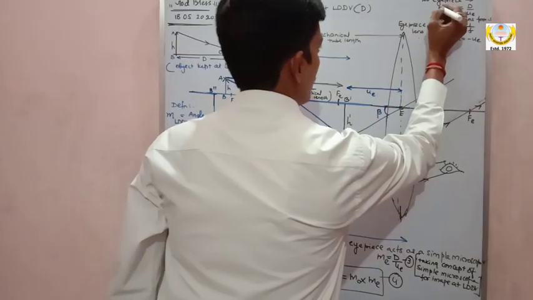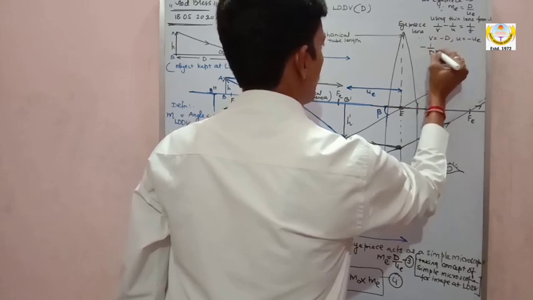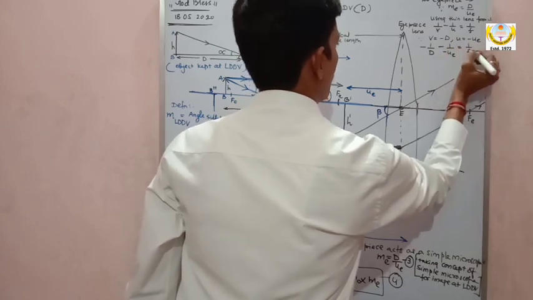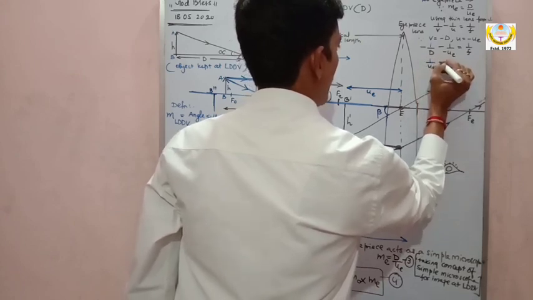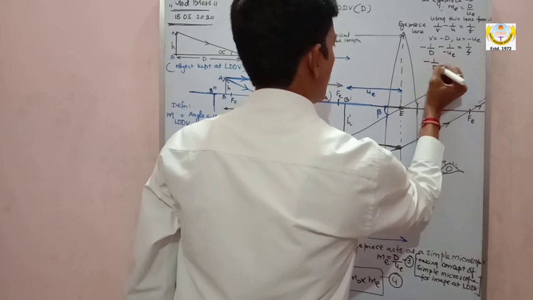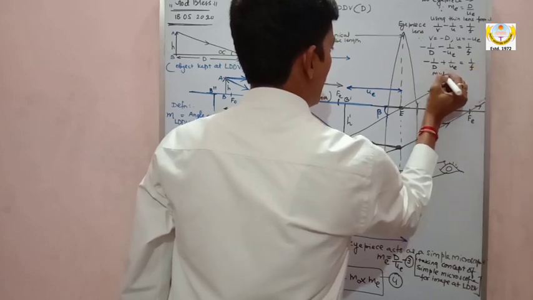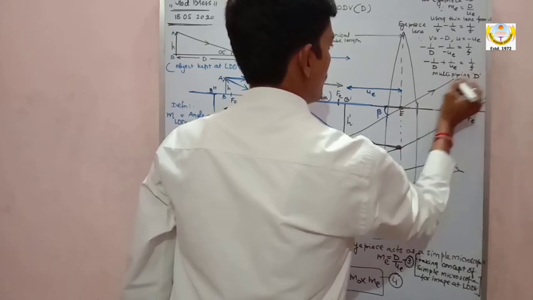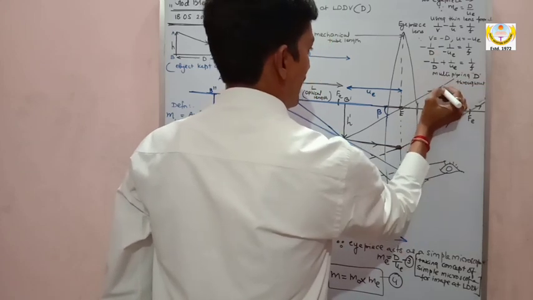So now, if I substitute here, this is minus 1 by D, minus 1 upon minus UE is equal to 1 by F. So this will become minus 1 by D plus 1 by UE is equal to 1 by F. Multiplying by D throughout, what will I get?